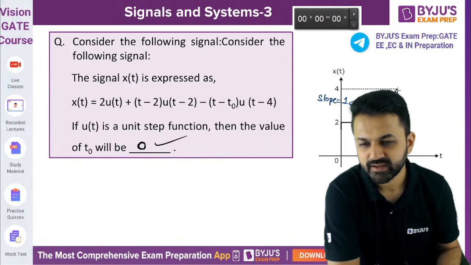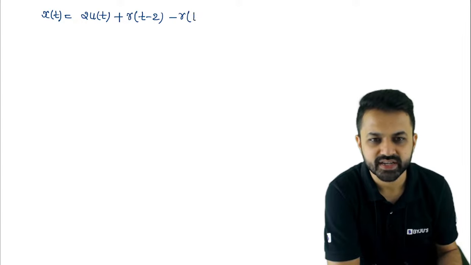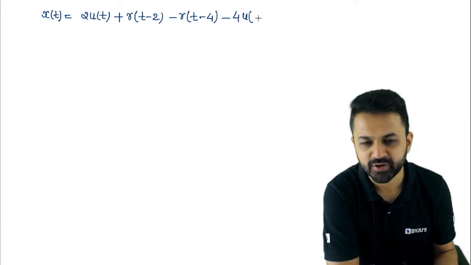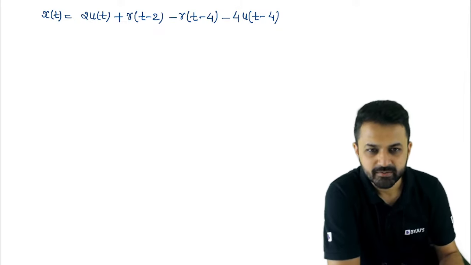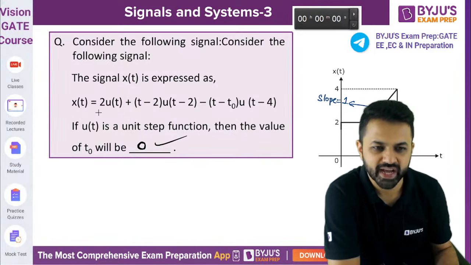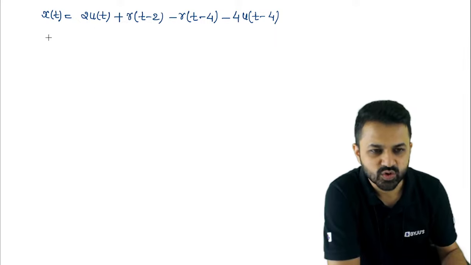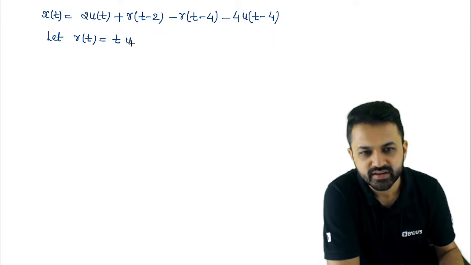Now it is minus r(t minus 4) to cancel the slope, but there is a change in amplitude also, so minus 4u(t minus 4). This is our original signal which is given, but they asked in the form x of t equal to 2u(t). Let us substitute r(t) equal to t u(t), we know that.